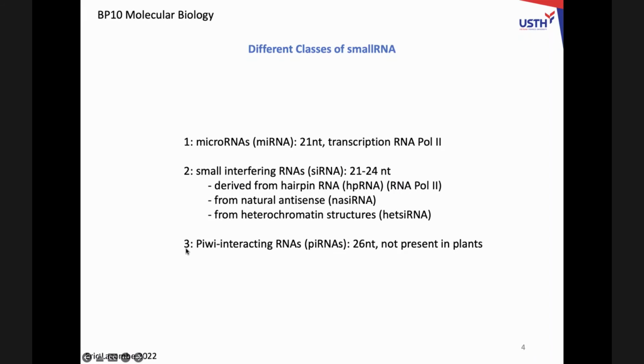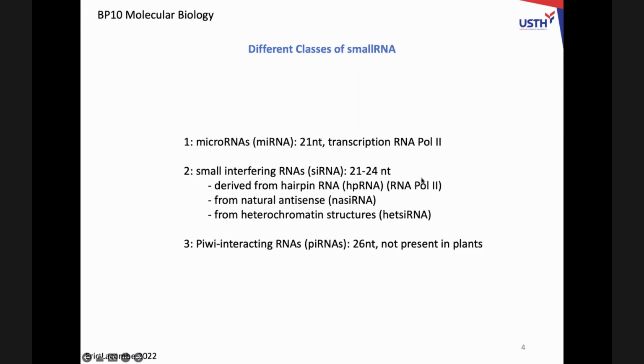After, there is a third class that is not present in plants, specific to animals, which are the PIWI-interacting RNA, piRNA, of about 26 nucleotides. PIWI is implicated in different processes, in stress. Anyway, we cannot make the full list of these small RNA. It was just to show you that there are different classes, because these groups are made based on their size, but also on their origins.